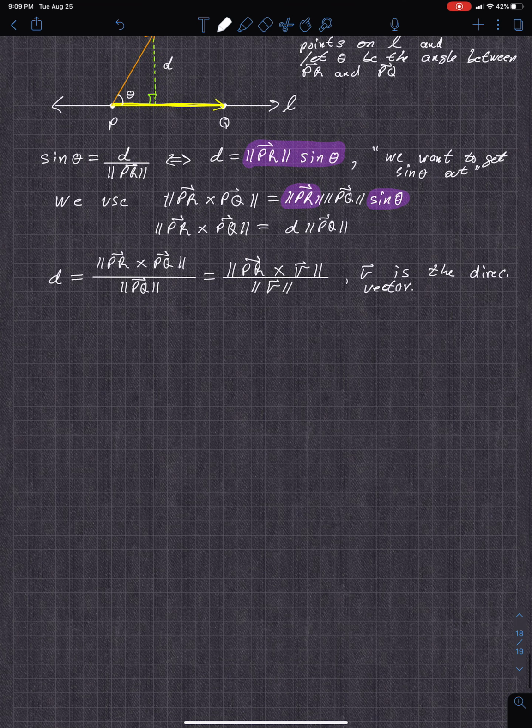Okay, so here's an example. Find the distance from the given point, I'll say R, to the line.